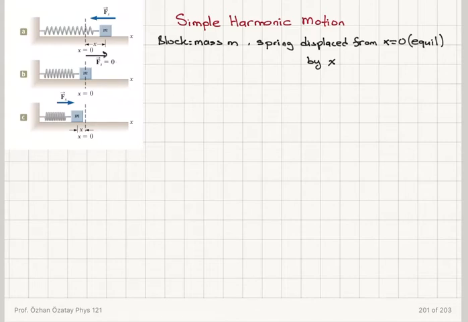All right, so you can see that here it is displaced from equilibrium by an amount x. So this is my x-axis.